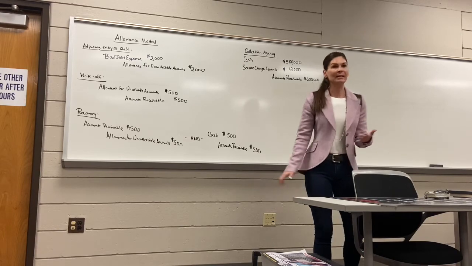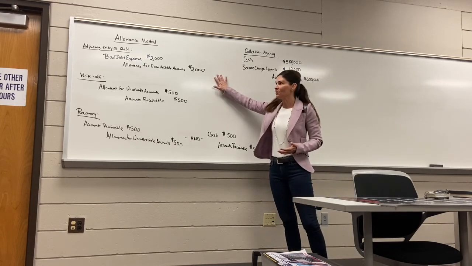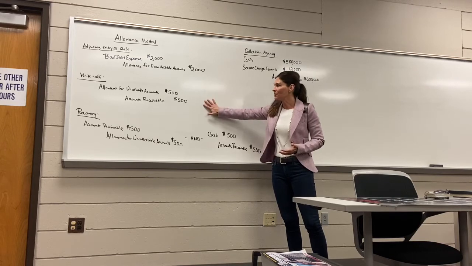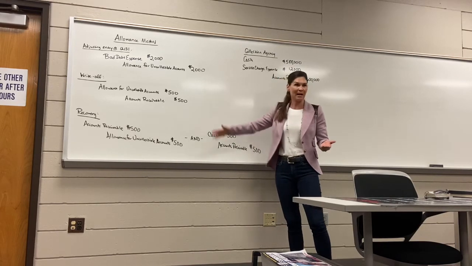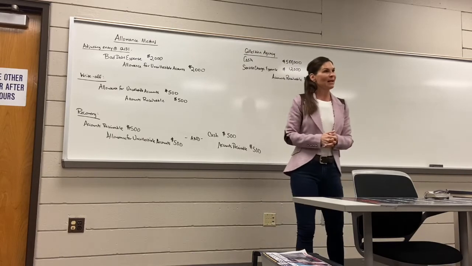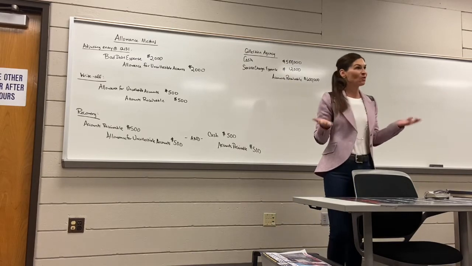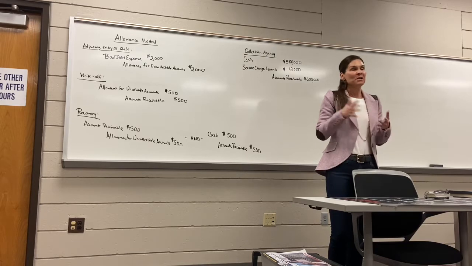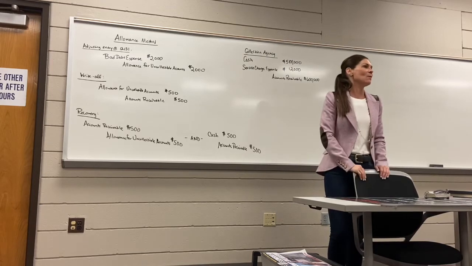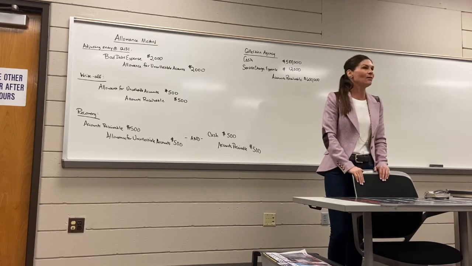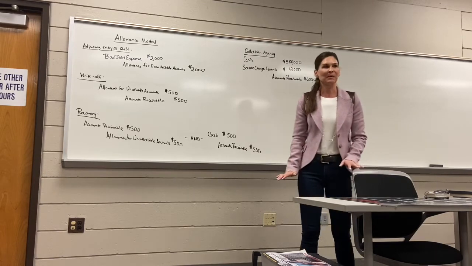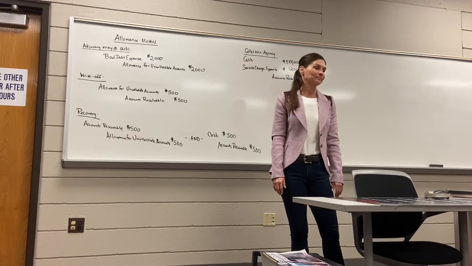Wouldn't it be great if we had $2,000 set aside? This person, at first we didn't think they were going to pay, then they paid. So now we're back up to $2,000 in that account. We didn't spend anything. That's great. If no other entries went on and you had an allowance that was $2,000 and you didn't need it, that's wonderful. But we do like to be prepared for it, so that's why we set it up.